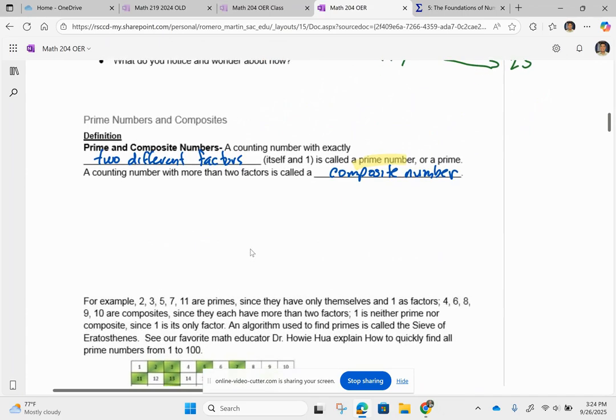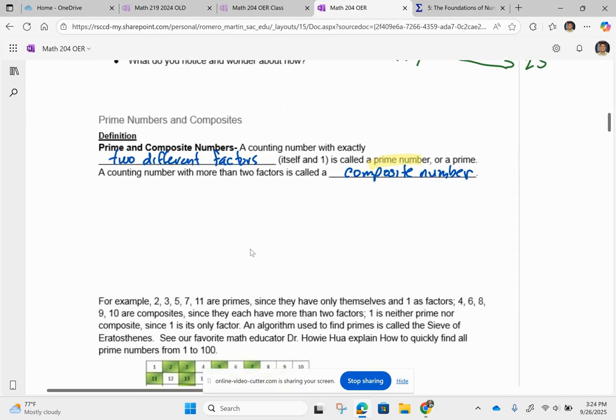So when looking at our notes, prime and composite numbers, right? So we start with a counting number with exactly 2 different factors. That's called a prime number. And we're going to learn again how unique and special these numbers are. We're going to learn that they're the building blocks of all other whole numbers. And so a prime number will investigate.